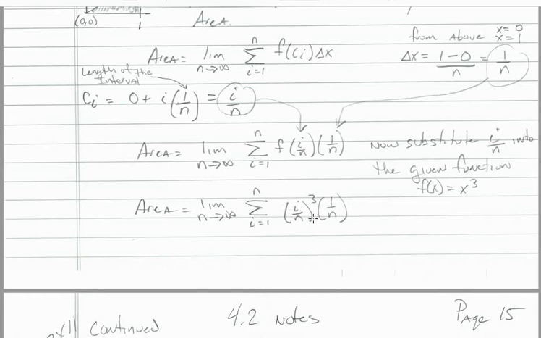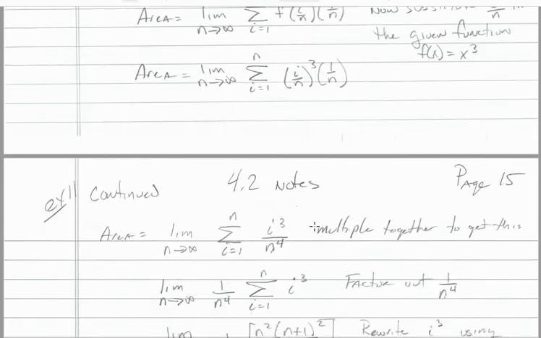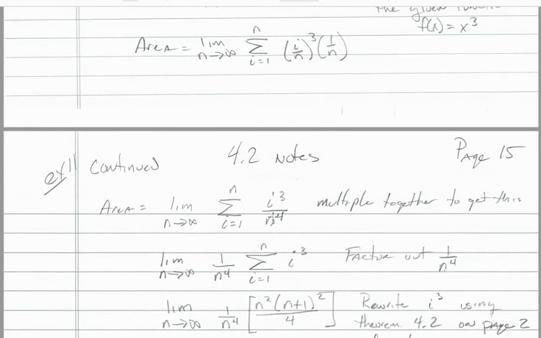We're replacing x with i over n, and then we multiply by the width, which is 1 over n. So essentially, as we break this down, we get i cubed over n to the 4th. So we have this whole limit: the limit as n approaches infinity of the sum from i equals 1 to n of i cubed over n to the 4th. You should know the drill by now.